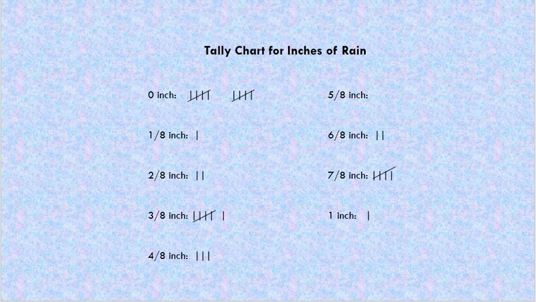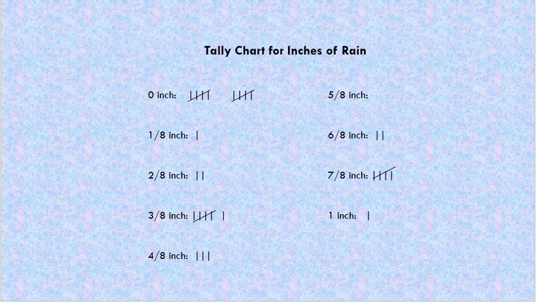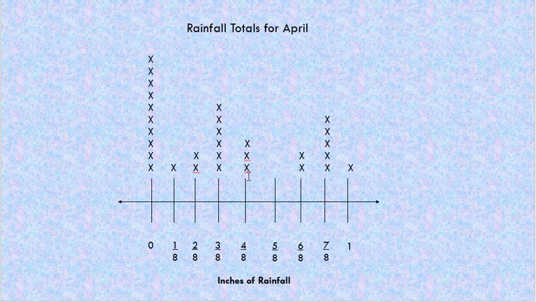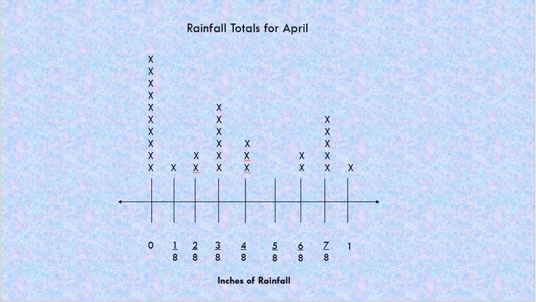Above 3/8, we should have 6 X's. 1, 2, 3, 4, 5, 6. Above 4/8, we should have 3 X's. 1, 2, 3. Look, on 5/8 we have no tally marks. So above 5/8 on our video, we have no X's.